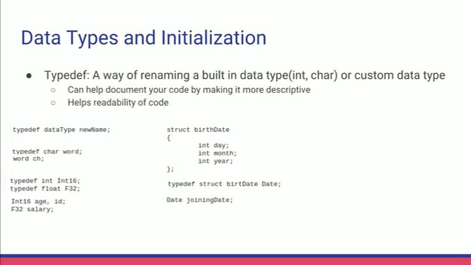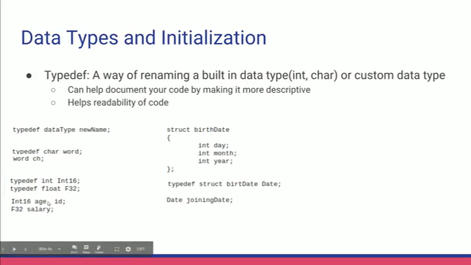And then finally, we have a type define. A type define is a way of renaming a built-in data type, such as integer or character. It can help to document your code by making it more descriptive, and it can help the readability of your code. For example, if you have a lot of elements in your code that are represented by an integer, then you can type define an integer to those different elements in order to make your code more descriptive.